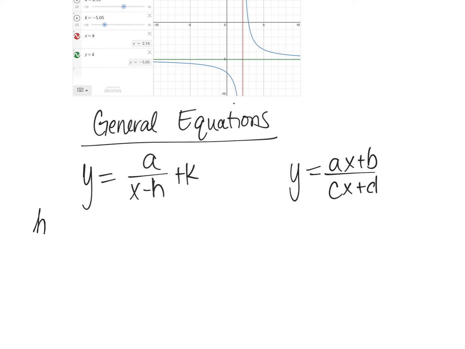h is our horizontal translation. It's also our vertical asymptote.